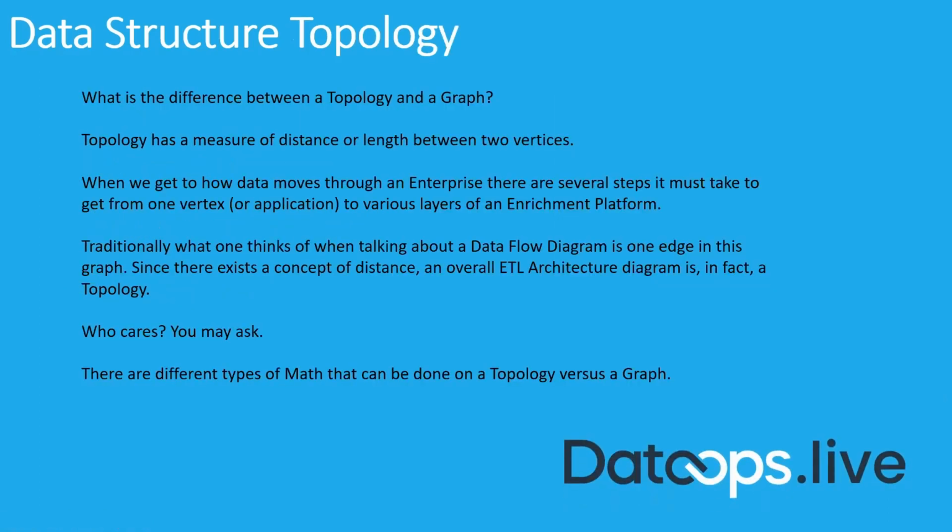Now, looking at this from a mathematical perspective, a topology is slightly different from a graph in that there are defined lengths of the edges. A graph does not necessarily have a length associated with the edge, but a topology does. Now, if you think of an application data model sitting within some server somewhere, that data model is actually a graph.